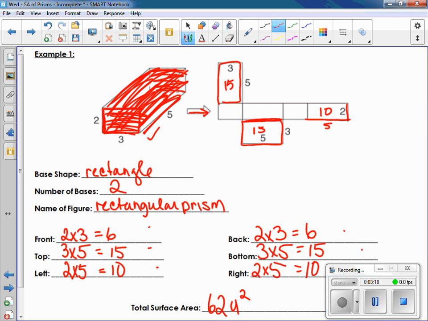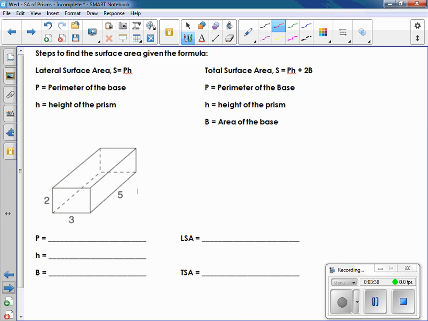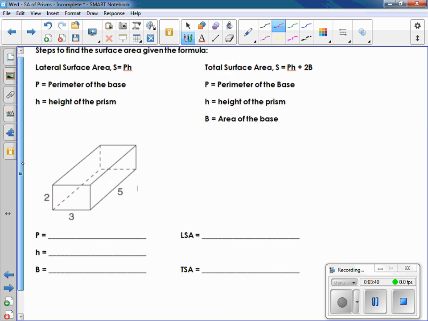So this is going to be 10, which means this is 10. And then this will fold together with this, so these are the same lengths. So 3 times 2, there's your 6. I personally think it's a little bit harder to do from a net, so whenever I'm given a net, I always just go ahead and draw it as a three-dimensional figure. Eventually, you will get a formula for this, but we're going to work on just finding the pieces first.